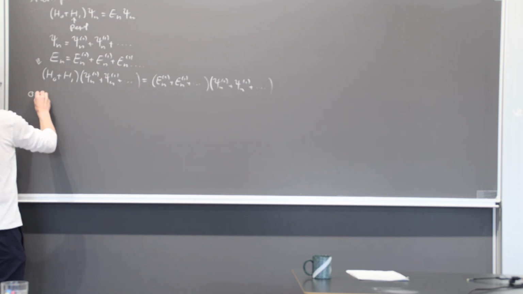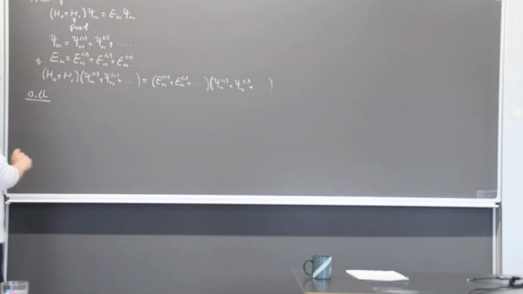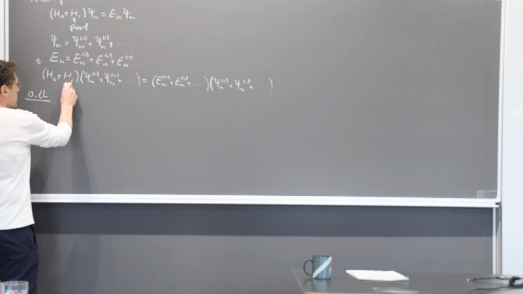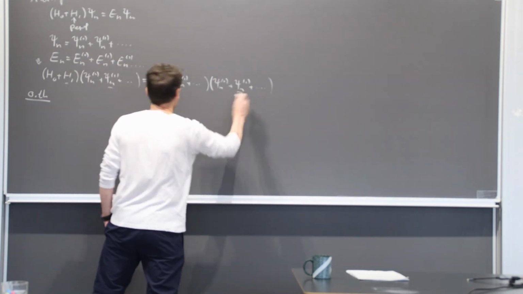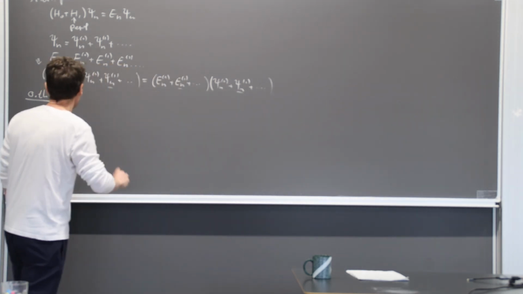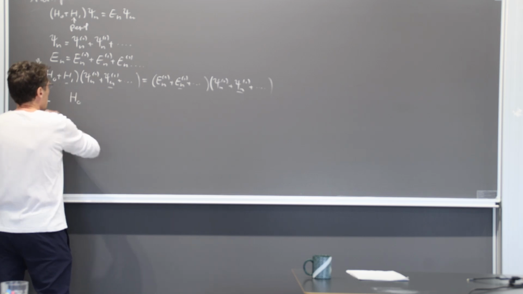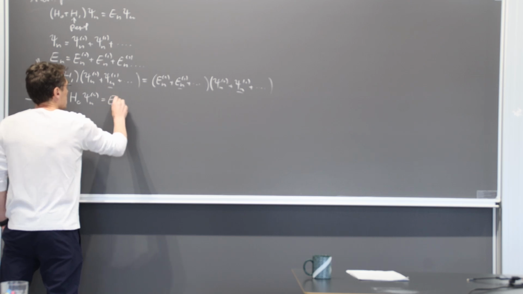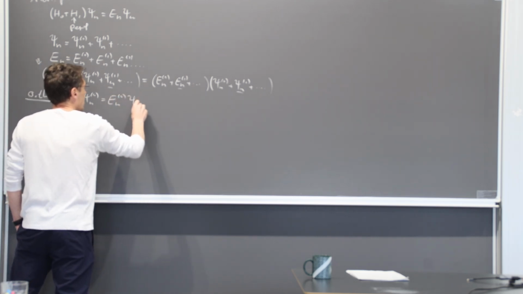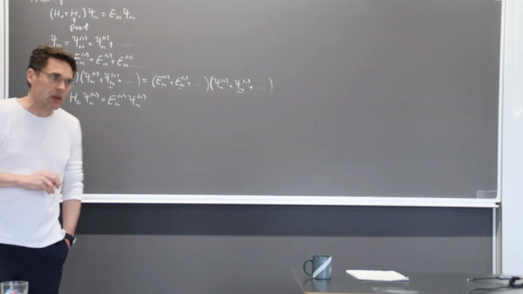So I'll start by looking at zeroth order. So that amounts to simply saying that now there is no electric field, there's no perturbation. So this means that this is not there, this is gone, this is gone, this is gone, and so on. All these corrections are gone. So what I'm left with here is the zero order eigenvalue problem, which of course is nothing but what we've been doing all along, right?